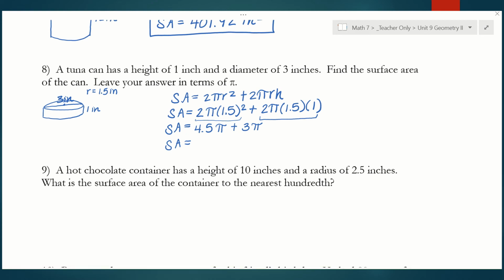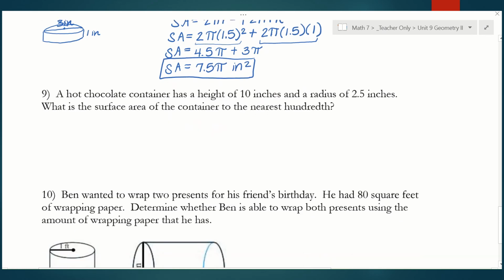You can add those together because they're like terms. So 4.5 plus 3 gives me 7.5, and I just bring along the pi, and then I label it inches squared. So in terms of pi for this one is a little bit trickier, but it's really just an extra step.